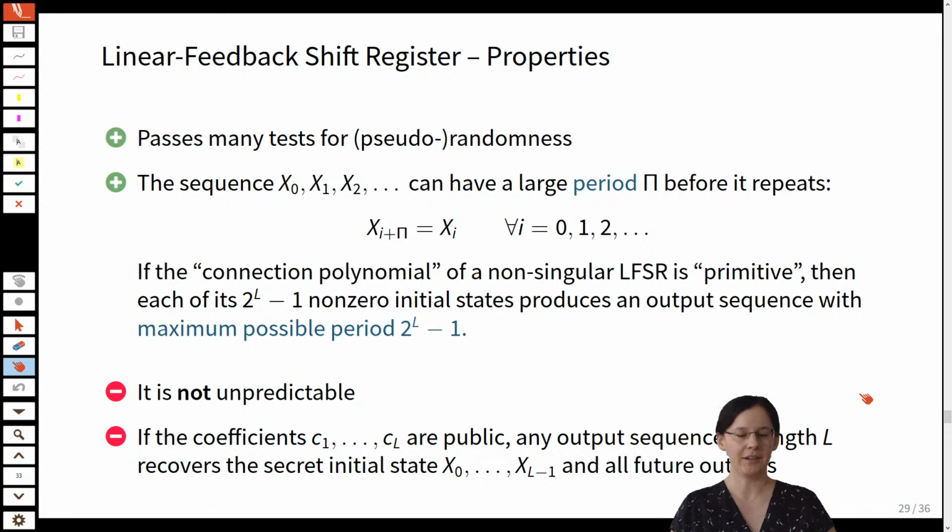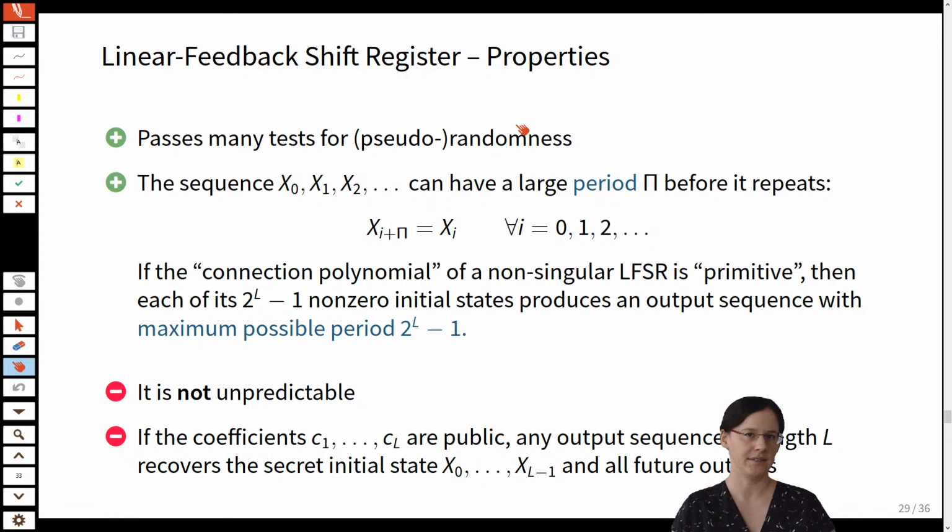So it's not unpredictable, and, what I've not even written here, this is a completely linear function. Whenever I learn a certain amount of information about the output, I can recover all the rest with linear equation solving.